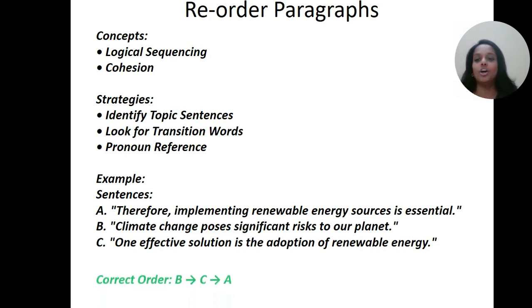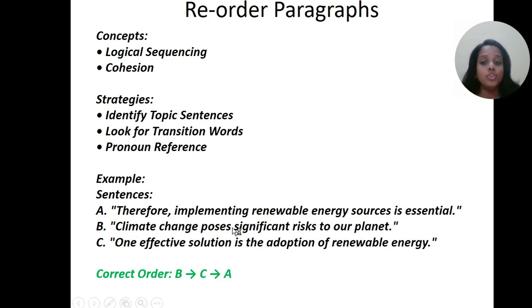So the correct order is, first comes B. Climate change poses significant risk to our planet. Okay, and then C. One effective solution is the adoption of renewable energy. Then comes A. Therefore, implementing renewable energy sources is essential.